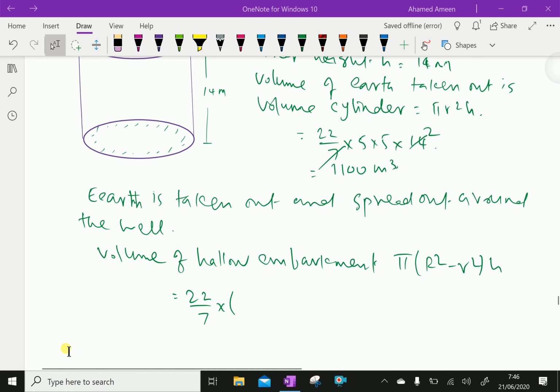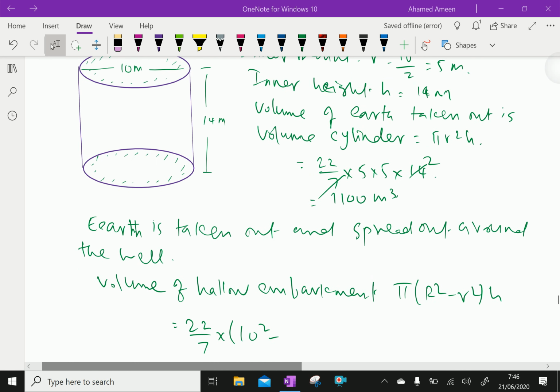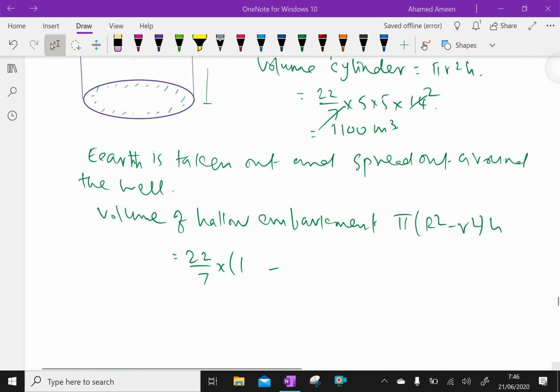That means inner radius is 5. Inner radius is 5.